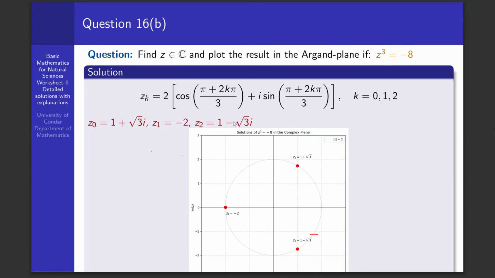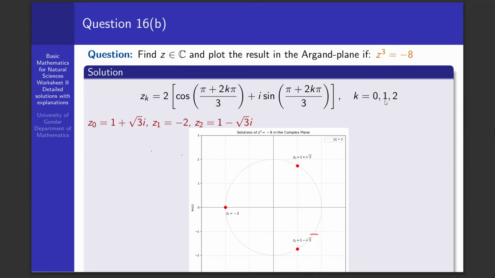Cosine of pi plus 2 pi over 3 is minus 1, and multiplying by 2 gives minus 2, but sine of pi plus 2 pi over 3 is already 0, so it is real. It becomes minus 2.